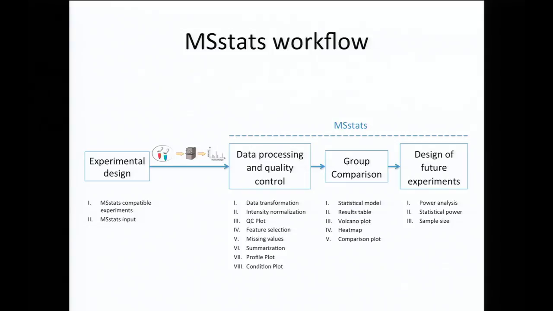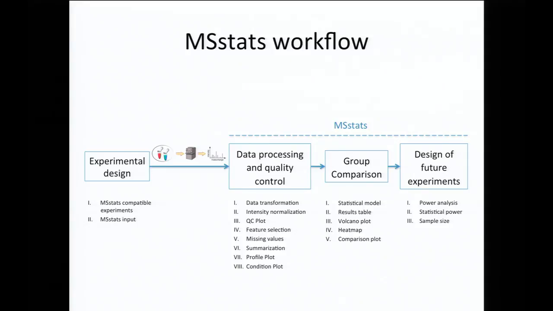So today I will try to walk you through the different steps of MSstats processing. First of all, before you do your MSstats analysis, you need to perform an experiment, which includes designing an experiment, and I will talk a little bit about experimental designs that are compatible with the MSstats analysis, and about the format that you need for MSstats input.